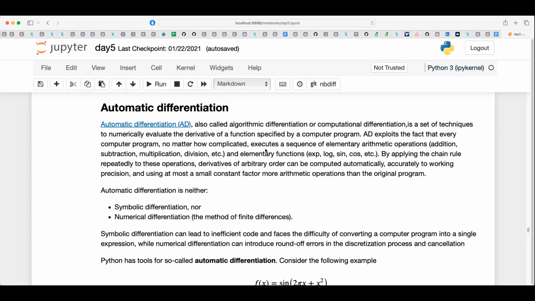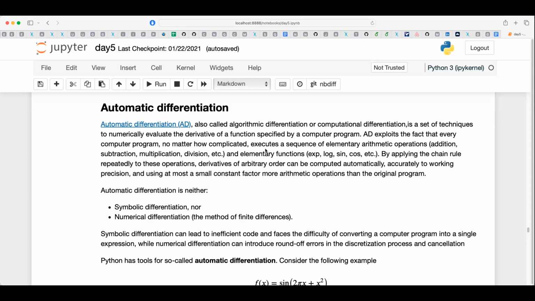And then it's the repeated usage of the chain rule. There are two ways of setting up the derivatives. One is called forward mode, which I will explain to you next week, and one is called reverse mode. Reverse mode is nothing other than the back propagation algorithm in neural networks. This is something which is not communicated well in the machine learning community. And we will come back to that, I promise.